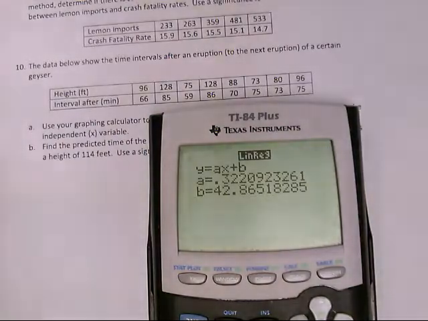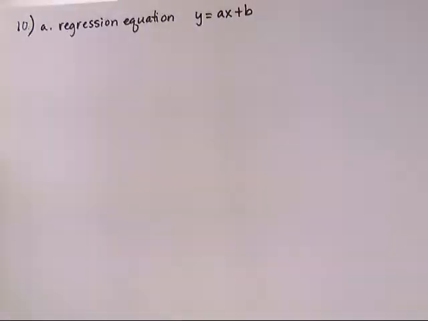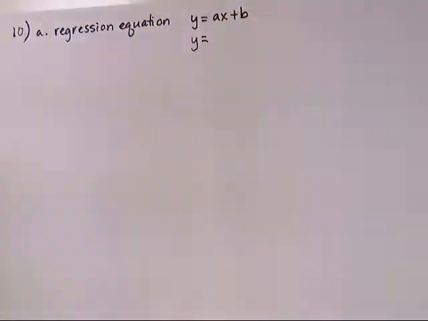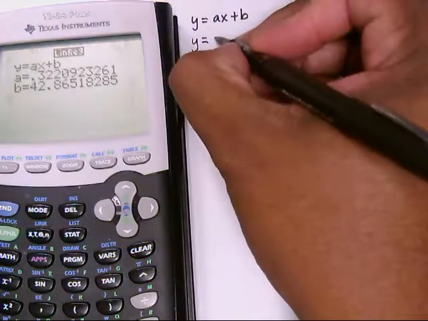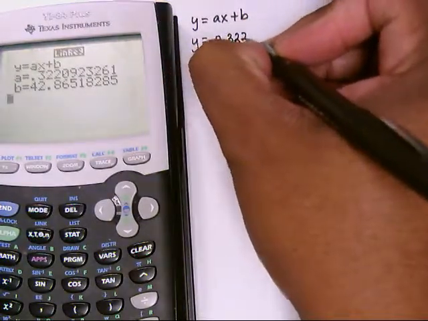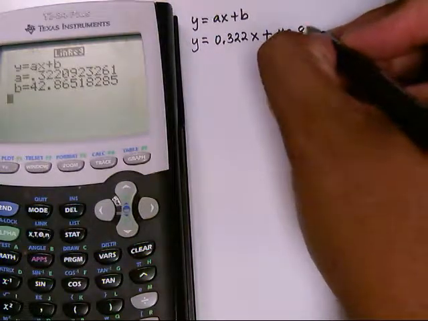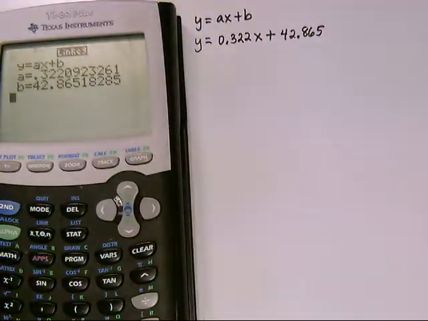Now that a is 0.322 to 3 decimal places, the b is going to be 42.865. So when we write the regression equation, that's going to be y equal to, the a was 0.322, that would be your coefficient of x, plus the b, which is 42.865. No, that's your b.